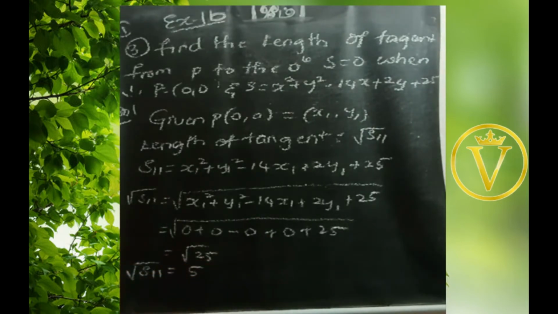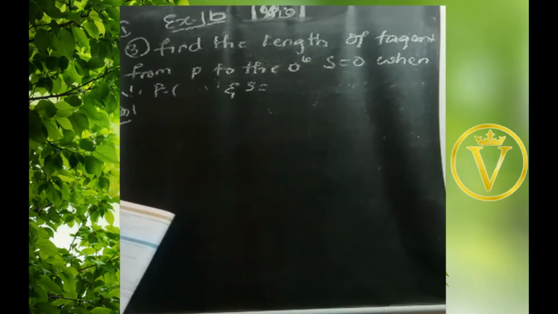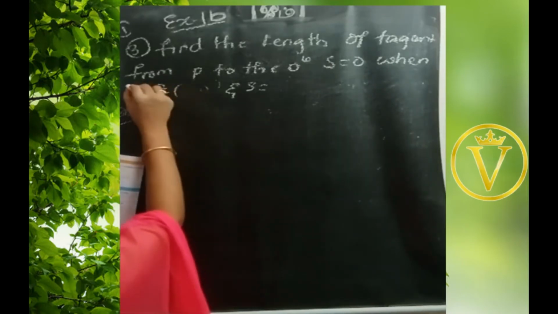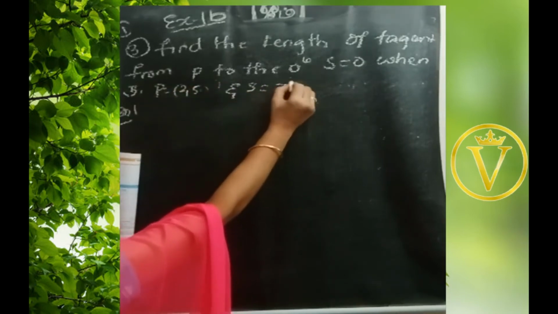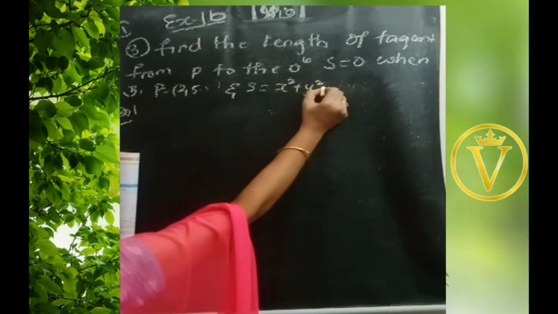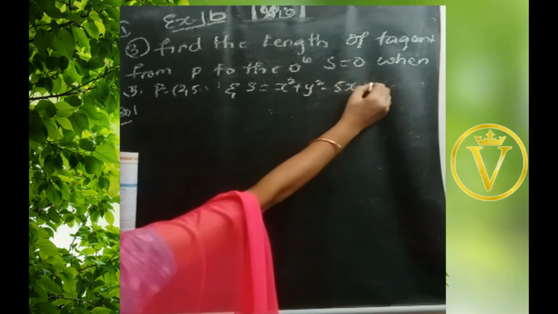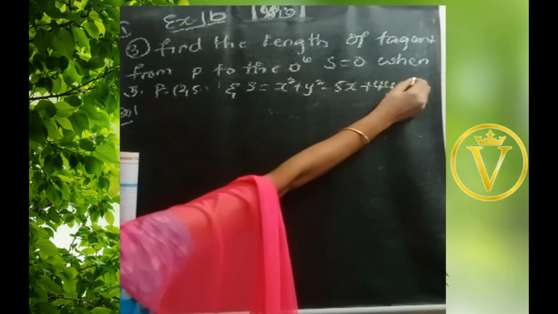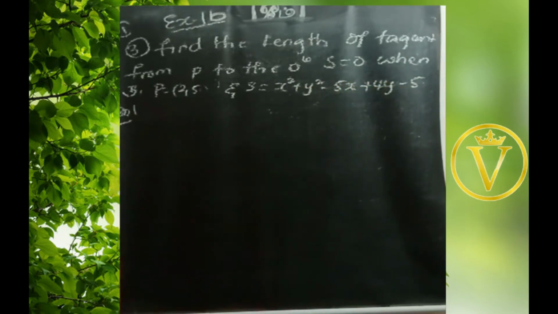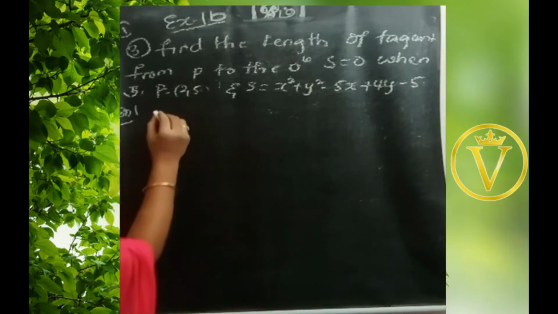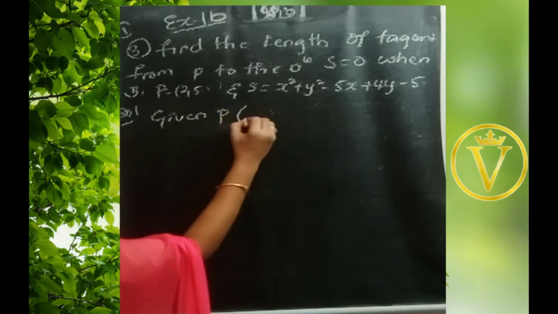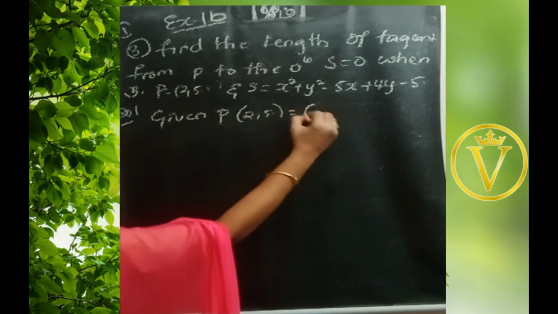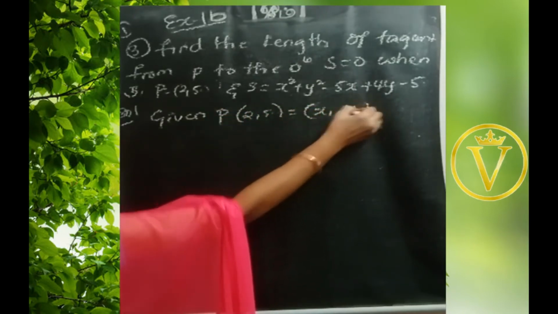Now we'll go for the another problem. So our third problem, that is third one, is 2, 5, and S is x square plus y square minus 5x plus 4y minus 5. Same as like the before. First the given point. So given P is 2, 5, that is x1, y1.